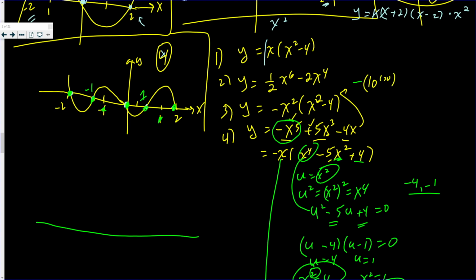So it's negative x to the 5th plus 5 times x cubed minus 4 times x. Okay. This is negative 10 to the 500 plus 5 times 10 to the 300 minus 4 times 10 to the 100.